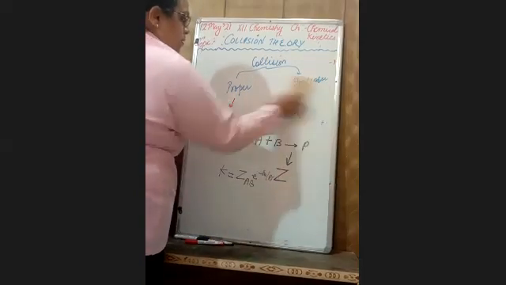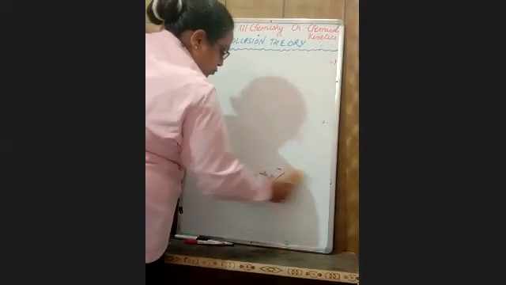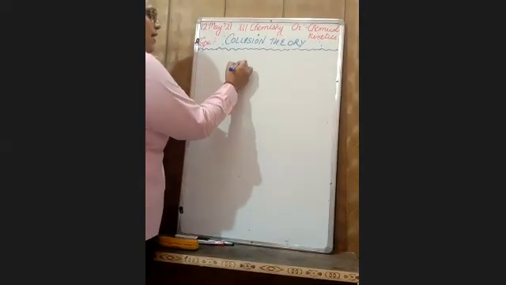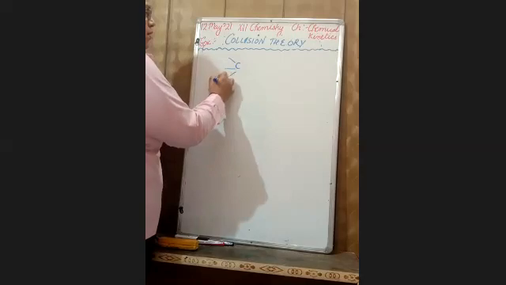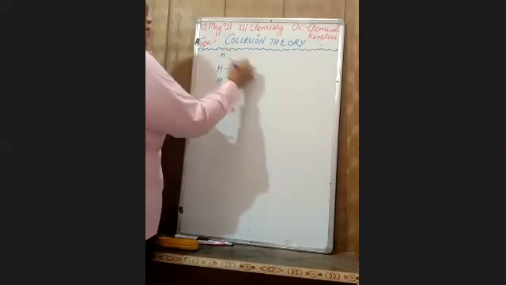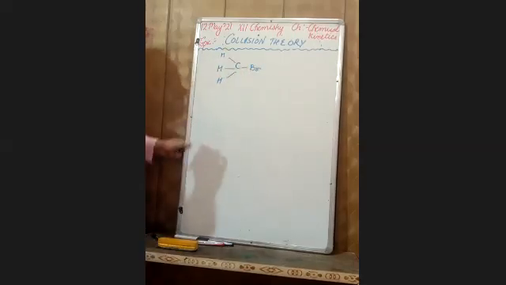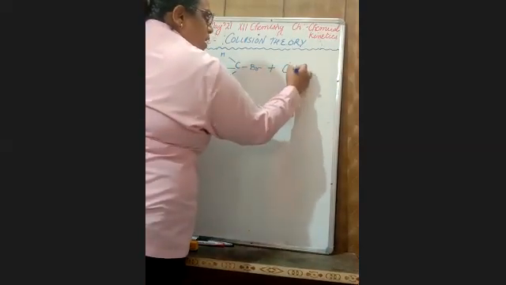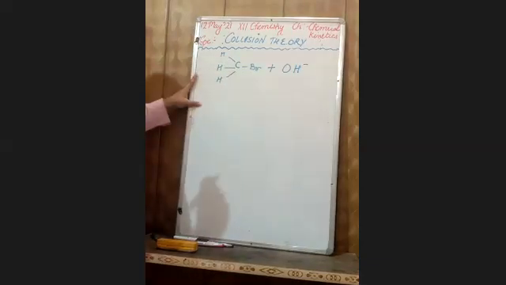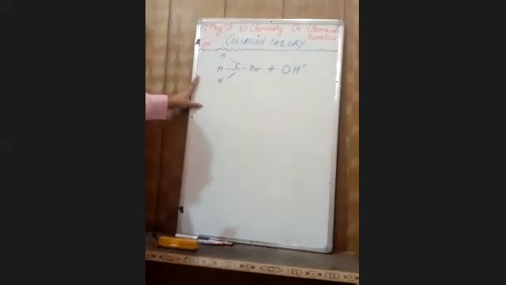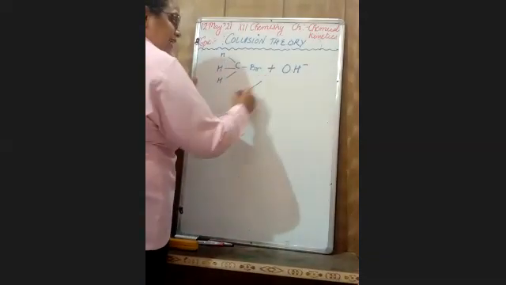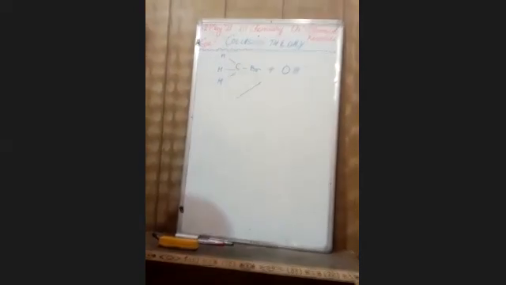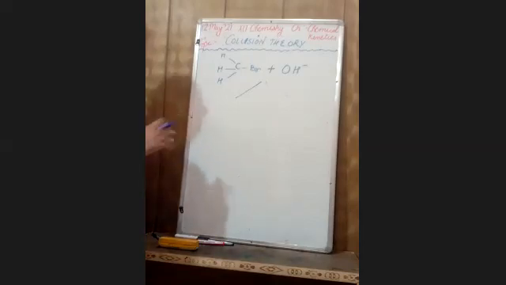Suppose I want to treat alkyl halide. Suppose I am taking bromomethane. It reacts with alkali. Alkali means water soluble base. I am taking KOH or NaOH. Fine. So in this case, two possibilities are there.